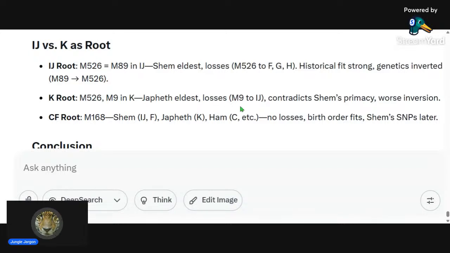Japheth Eldest loses M9 to IJ. What was it? Saying M9. So Japheth loses the M9, contradicts Shem's primacy, worse inversion.